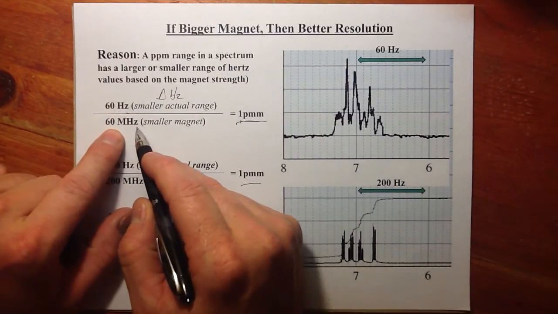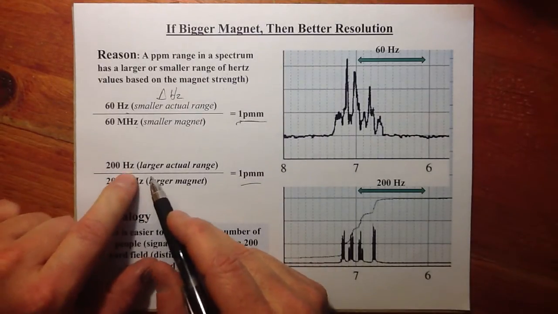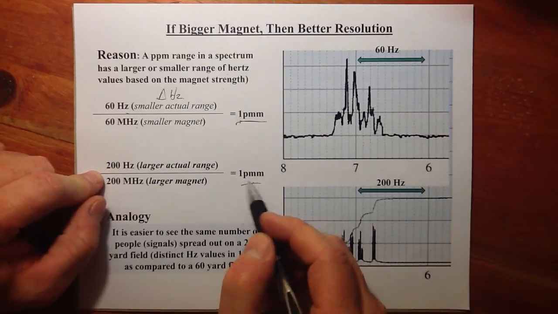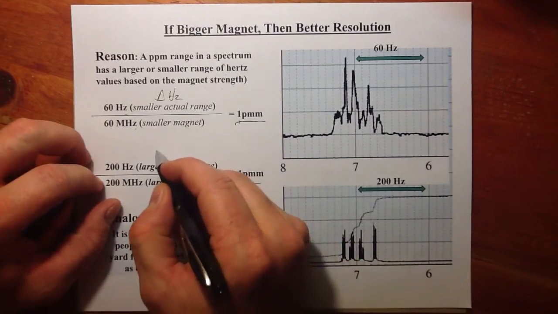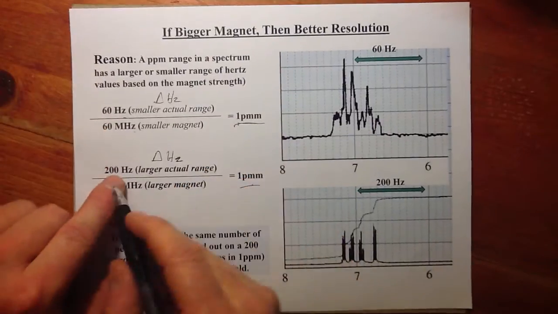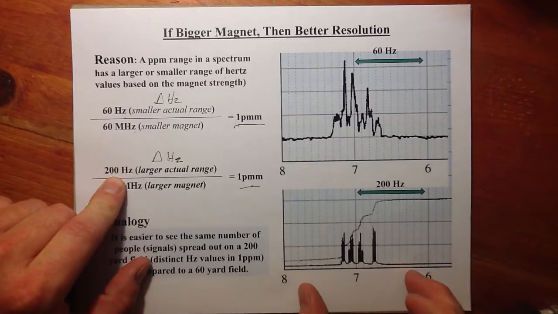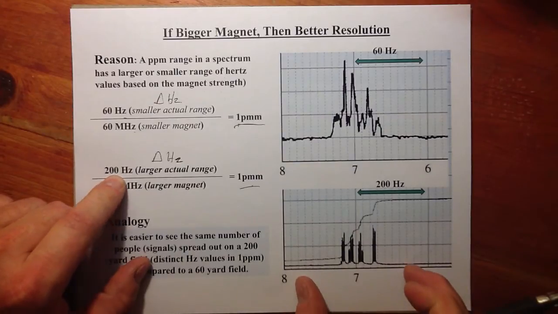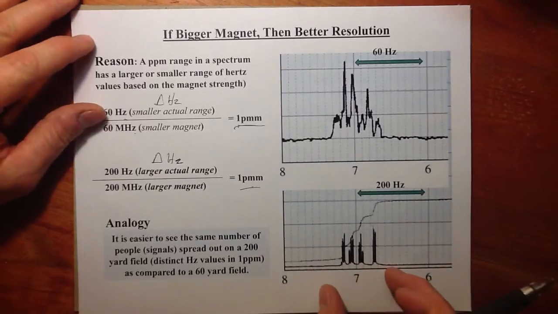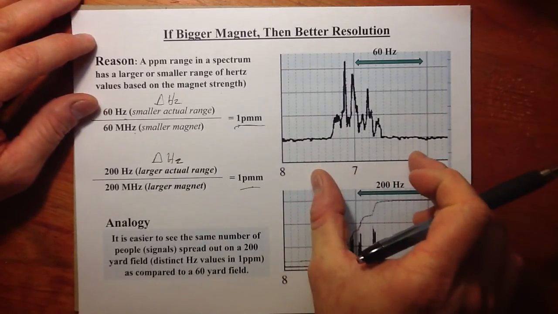But if we increase the strength of the magnet to a 200 megahertz magnet, then we have to increase by the same proportion to keep that same chemical shift value, the actual difference in hertz values. So that just gives us more hertz values to deal with within that spectra. We have actually more hertz values in the spectra. This one has less hertz values within the spectra.